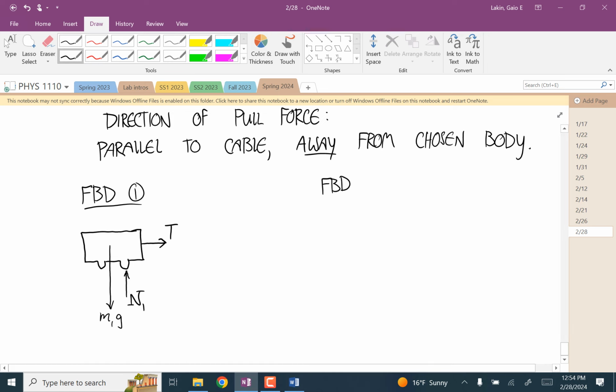And then a free body diagram of the second body. We have a weight force of the mass of body 2 times g. We have a pushing force from the ground. I'll call that N2.